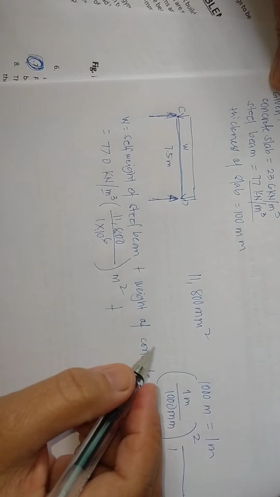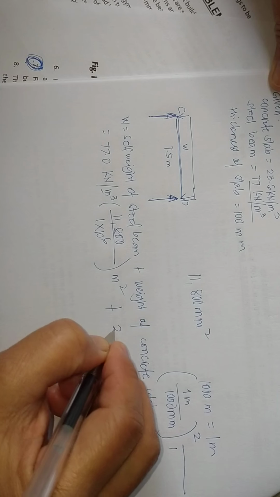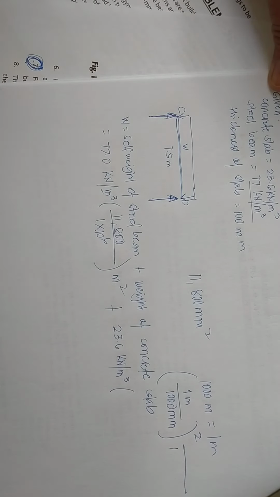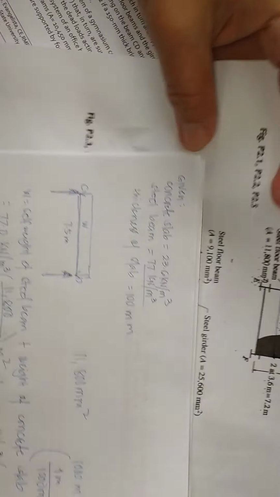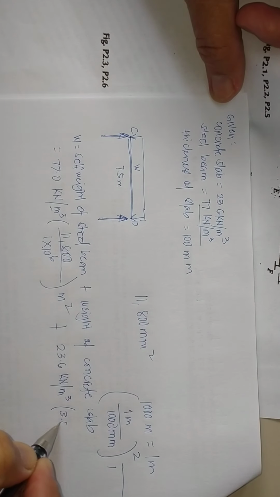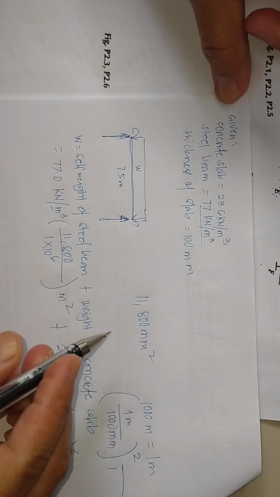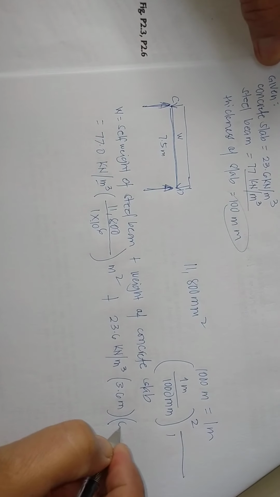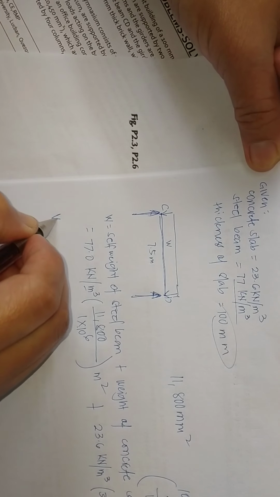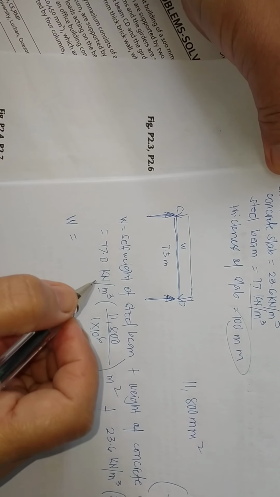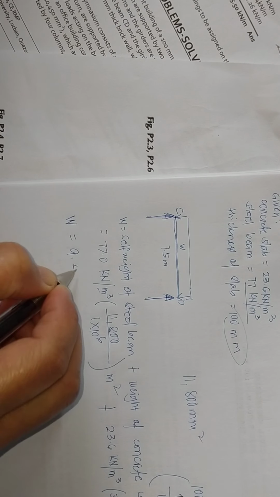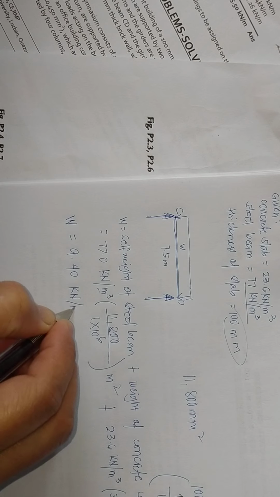Plus the weight of concrete slab, 23.6 kilonewton per cubic meter multiplied by the width of tributary area, that is 3.6 meter, multiplied by thickness of slab, that is 0.1 meter. Using your calculator, it will give you 9.40 kilonewton per meter.